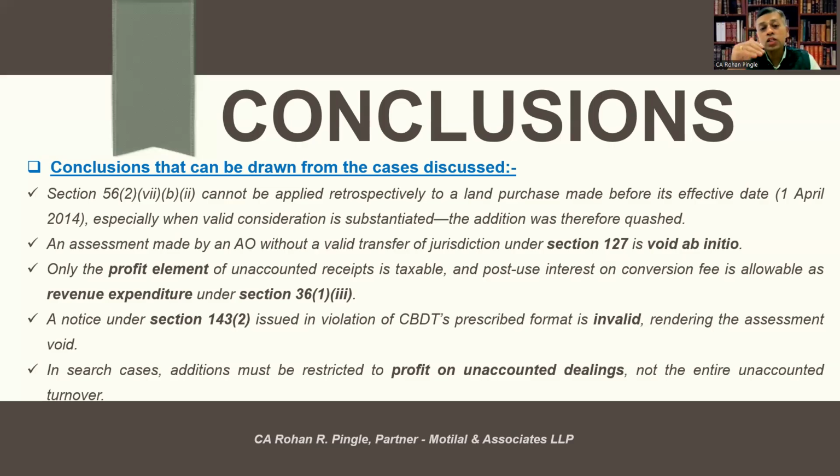A notice under Section 143, subsection 2, issued in violation of CBDT's prescribed format is invalid, rendering the assessment based on that invalid notice void. In such cases, additions must be restricted to profit on unaccounted dealings and not the entire unaccounted turnover.